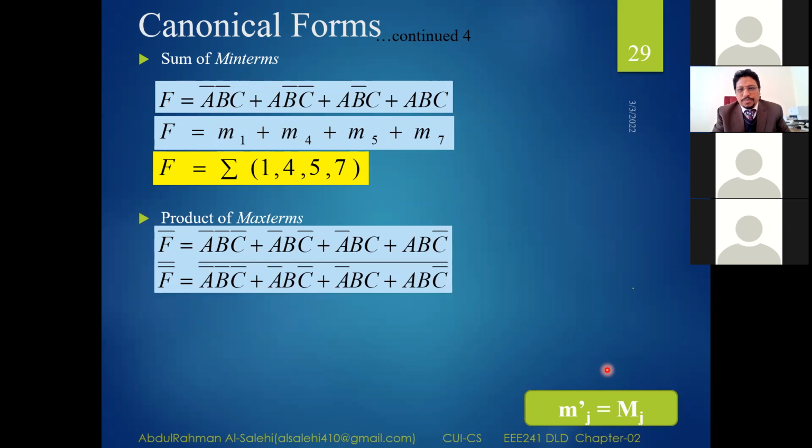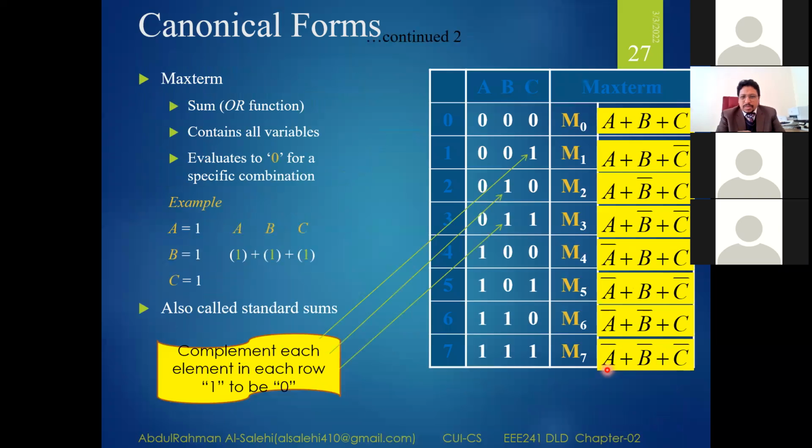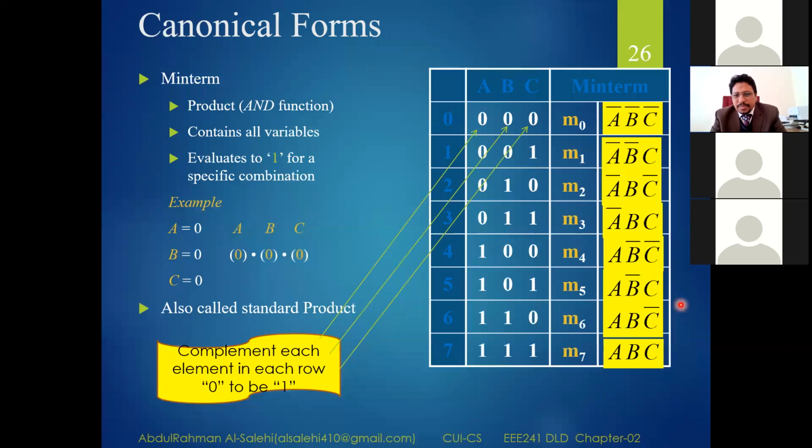How? For example, let's come to this example. If you have 1, 0, 1, which is equal to M5, that means M5 here is equal to 1, 0, 1, which is equal to A prime plus B plus C. This is in max term. Come here, 1, 0, 1, it's equal to M5.